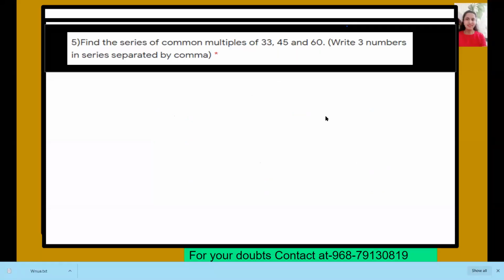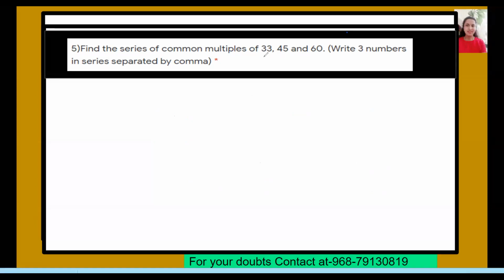Now from here, tough questions are starting. Let's see how you can solve this one. Find the series of common multiples of 33, 45 and 60. How are you going to crack this question? First, we are going to find the LCM of these.